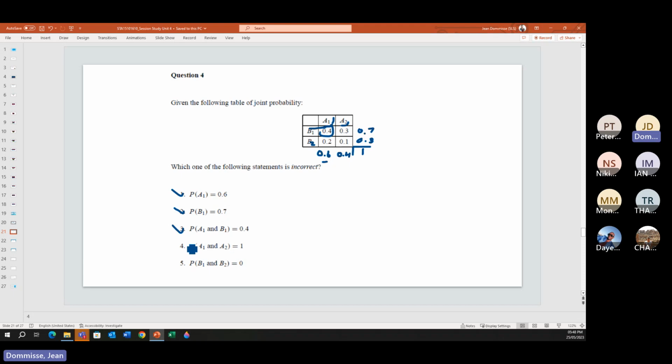Okay, so A1 and A2 can't happen at the same time. So the probability of A1 and A2 should actually be 0, like in option 5, where B1 and B2 is equal to 0.